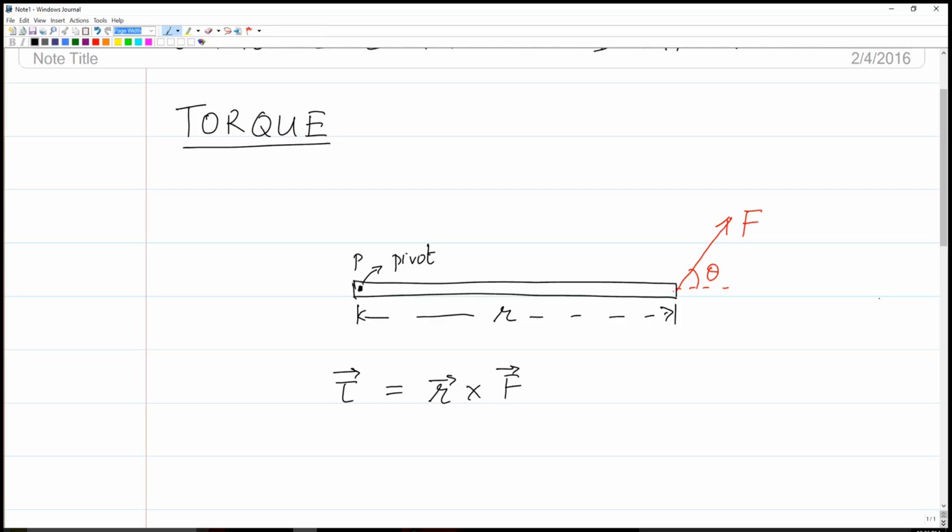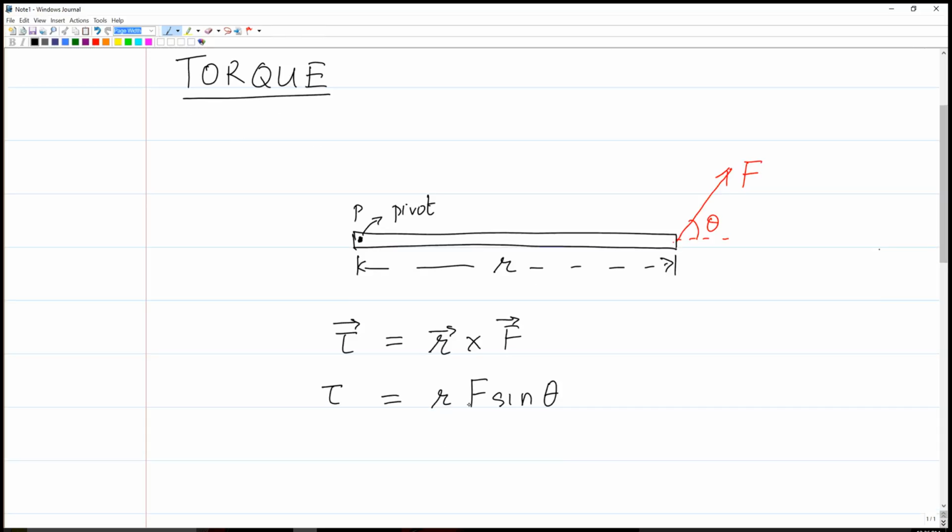Now we will write down the magnitude, simply using the definition for the cross product, which happens to be R times F times sine of theta. So if you know R, if you know F, and if you know the angle that they make with each other, we can calculate the torque.